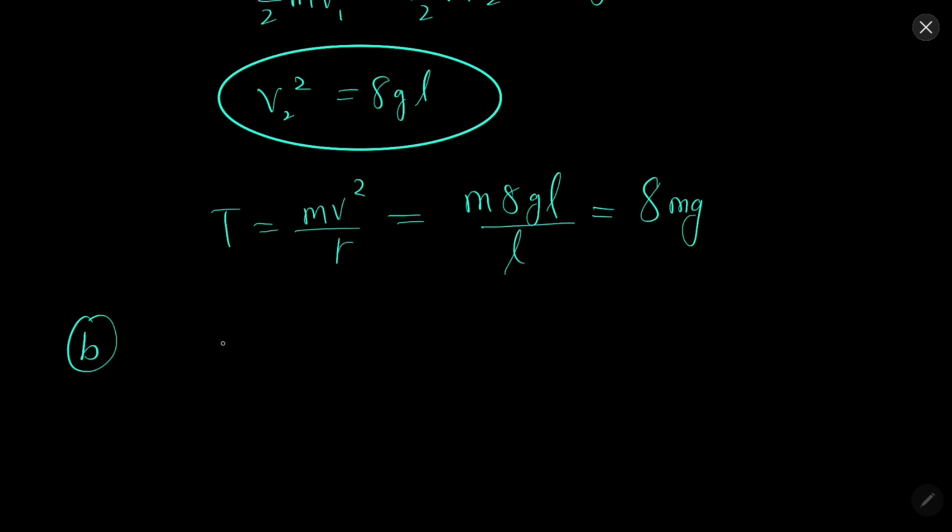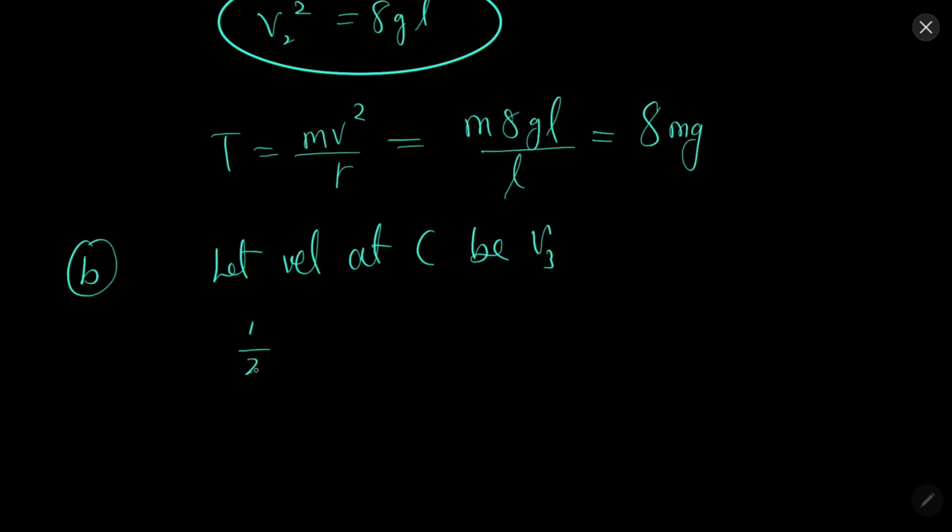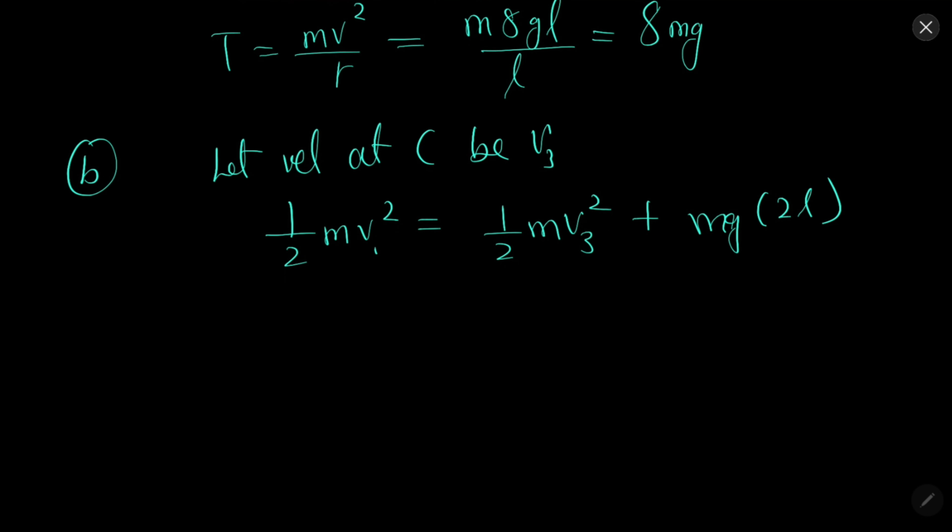B part, so let velocity at C be v3. So half mv1 square equal to half mv3 square plus mg into 2l. From this v3 square equal to 6gl.